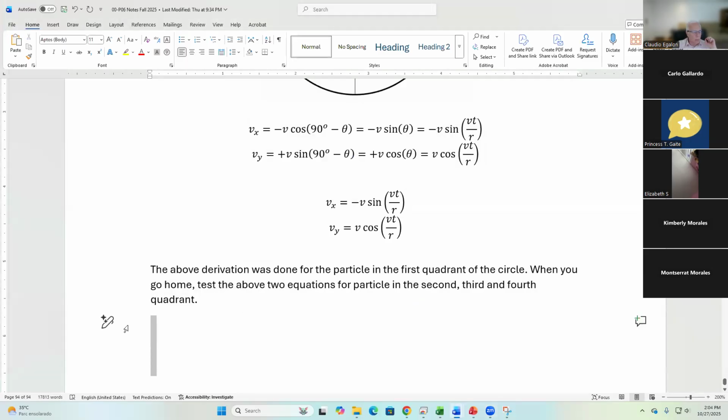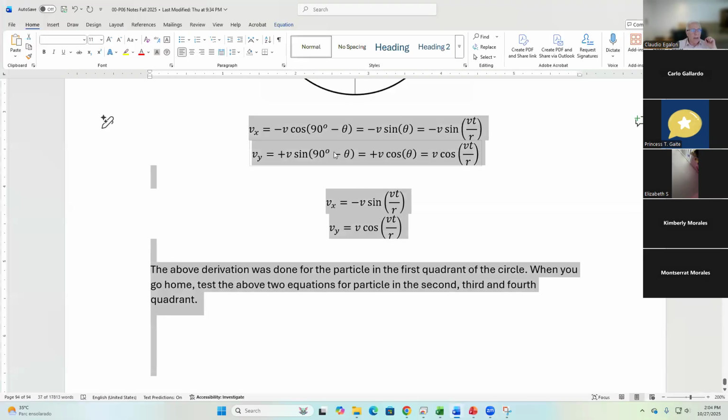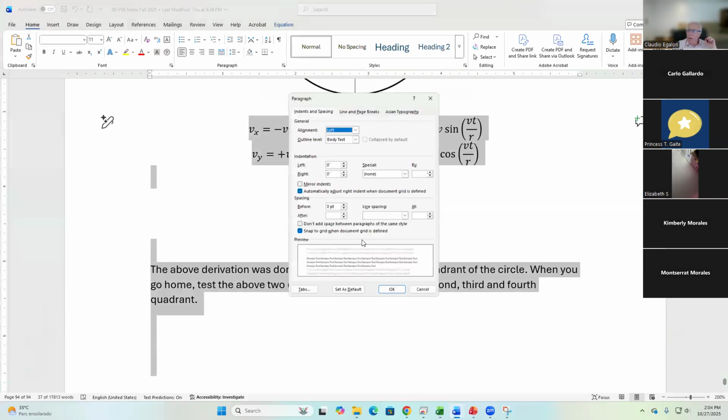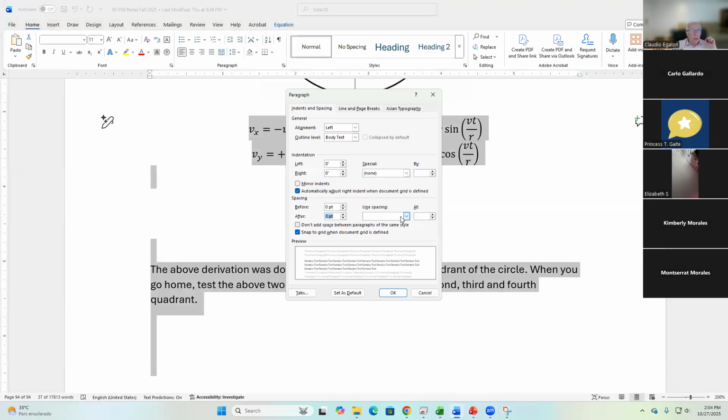Okay, good. There's no need to report. Okay, now let's just get this paragraph. Good. Line space single. Good.